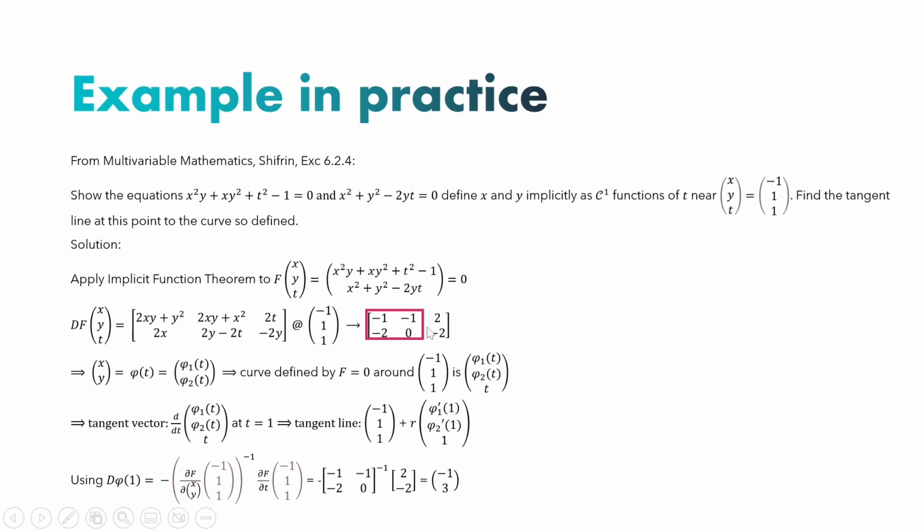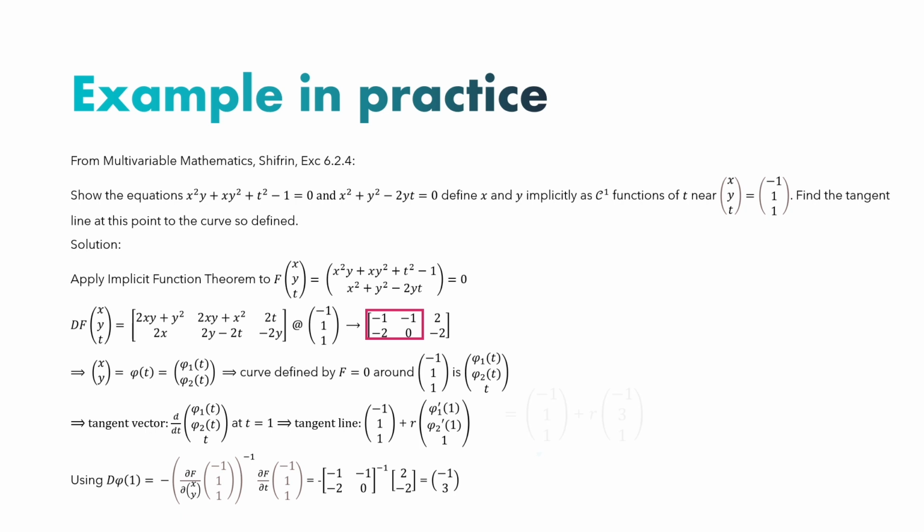So in this case, you have the inverse of this matrix up here. This is with respect to the x and y variables, and you take the inverse of that, negate it, and then multiply it by this remaining submatrix here. And as you can see down here, that will give you this concrete vector, minus 1, 3.